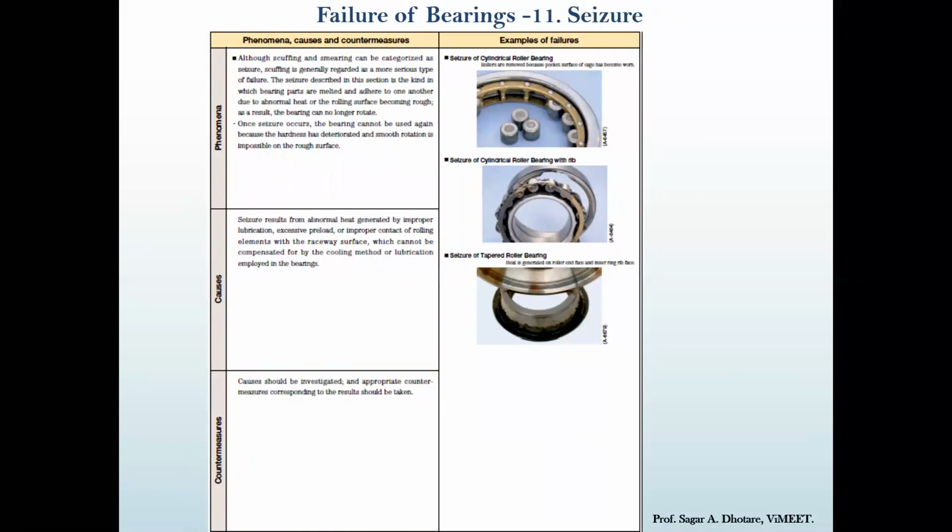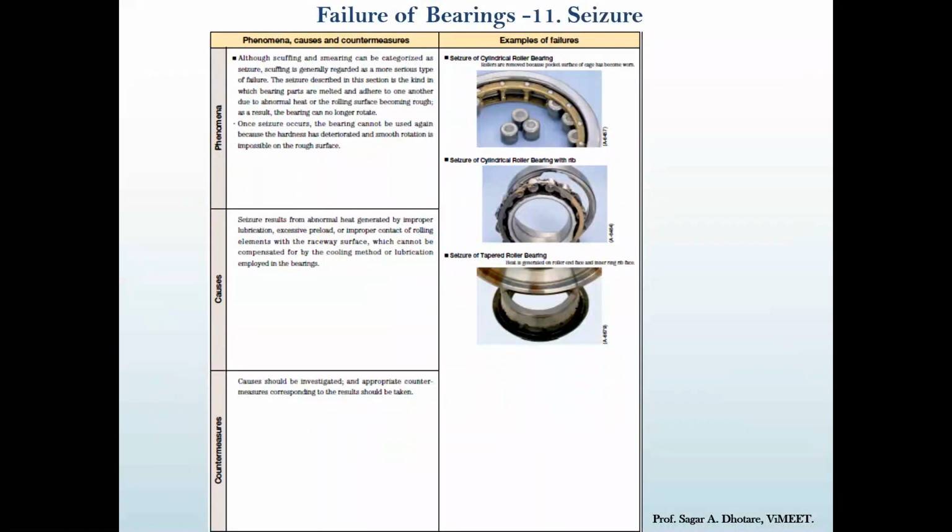The seizure described in this section is the kind in which the bearing parts are melted and adhere to one another due to abnormal heat, or the rolling surface becomes rough. As a result, the bearing can no longer rotate.